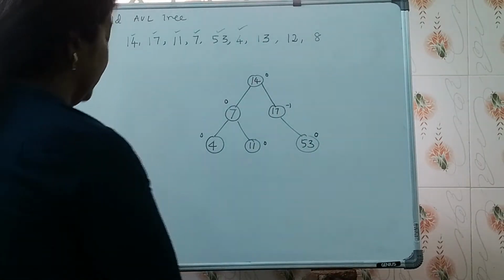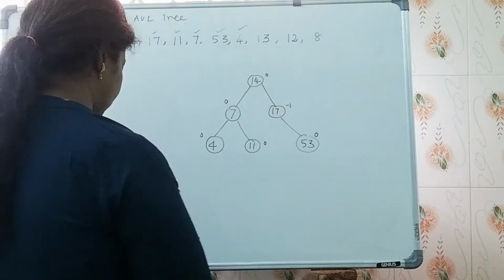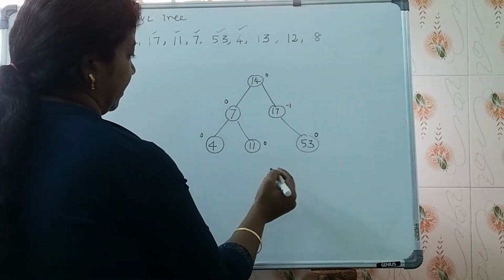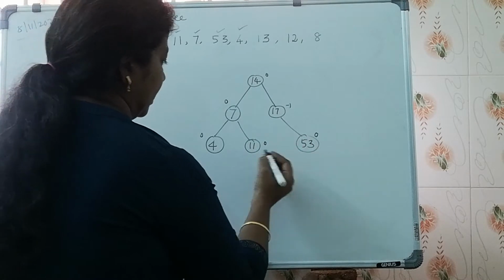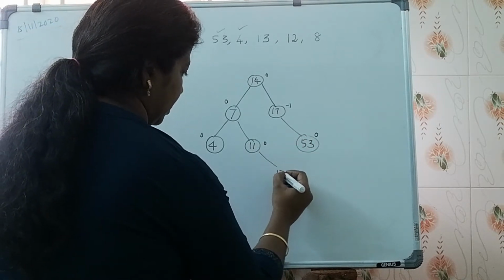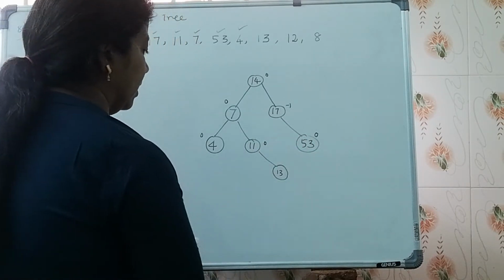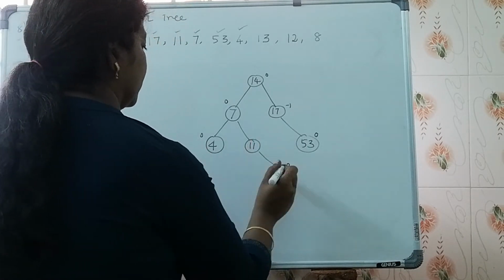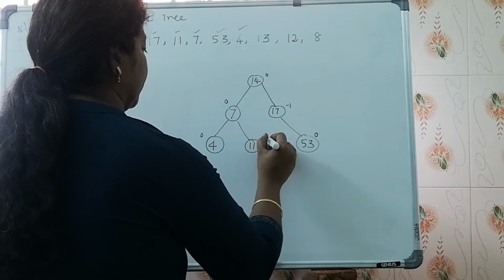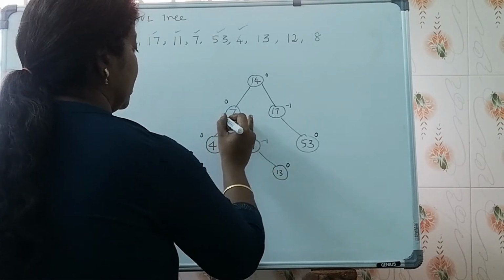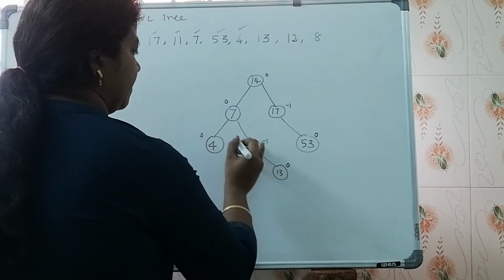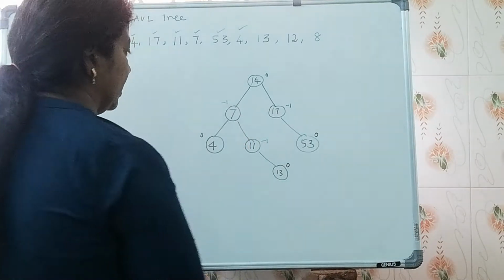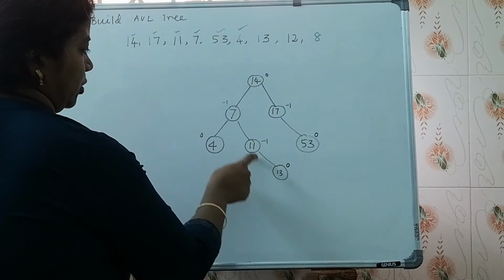Now let us insert the next node, which is 13. 13 is lesser than 14, greater than 7 and then greater than 11. So 13 will get inserted here. After inserting, let us calculate the balance factor. For this it is 0, for this is -1, for this it is 1 minus 2, which is -1. This is 1, 1, 2.